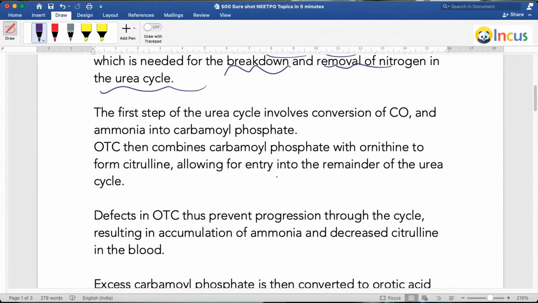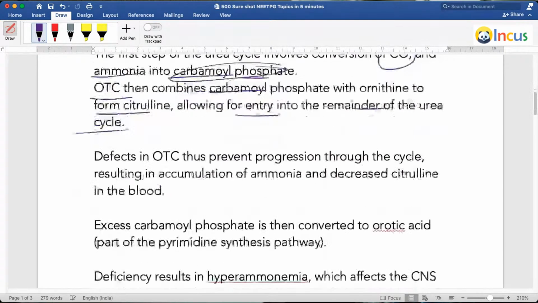So if you look at the first step of urea cycle, fundamentally, ammonia and carbon dioxide convert into carbamyl phosphate. OTC then combines carbamyl phosphate with ornithine to form citrulline. And that will allow the entry into the remainder of the urea cycle.